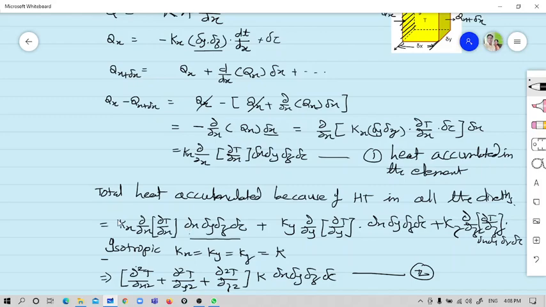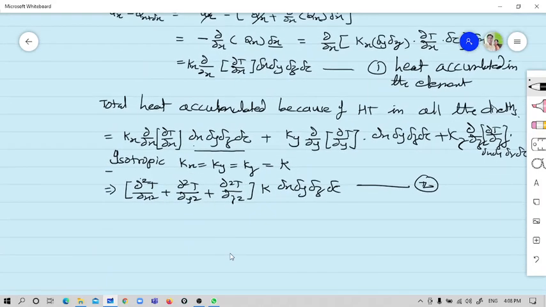Now, this is the heat accumulated inside this element because of heat transfer in all the directions. Now, let us assume that there is some heat generated within the element also.